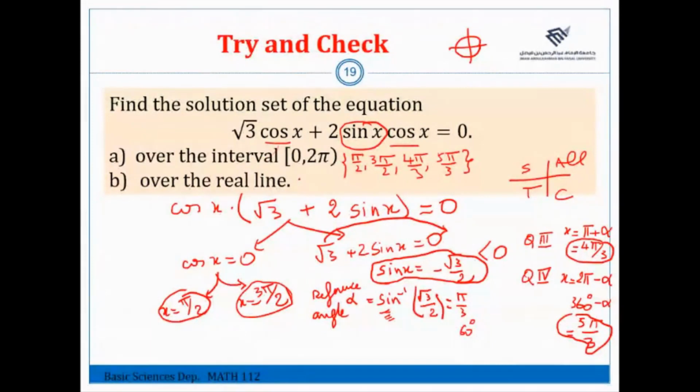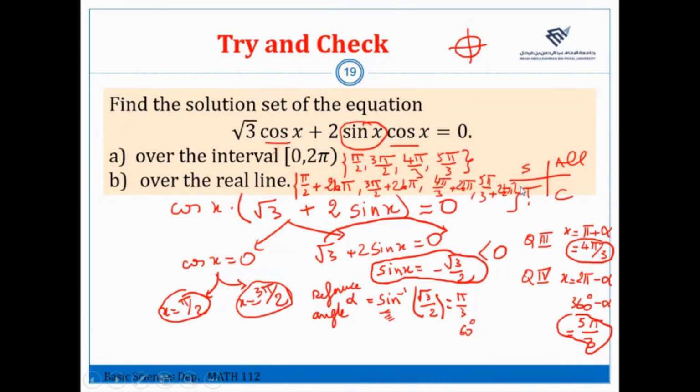Okay? Why? Over the real line you have just these 4 solutions and you add 2k pi, since 2 pi is the period of each of the functions cosine and sine. Then to each one add 2k pi to get all the solutions in R, for example 5 pi over 3 plus 2k pi.